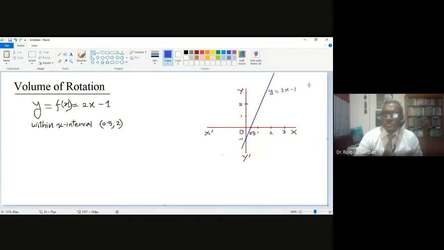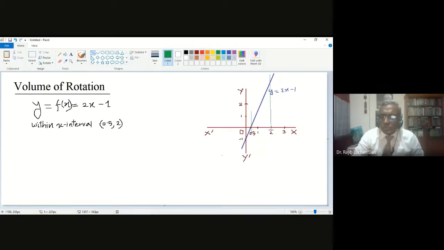So this is the line, and then I am showing the boundaries. One boundary is x equals 0.5. So this is the boundary line, x equals 0.5. Another boundary is x equals 2.